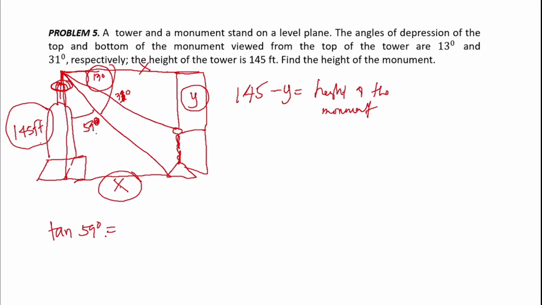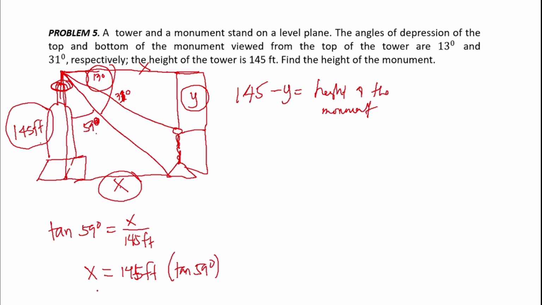Tangent 59 degrees is equal to x, opposite over 145 feet. So therefore, x is equal to 145 feet times tangent 59 degrees.